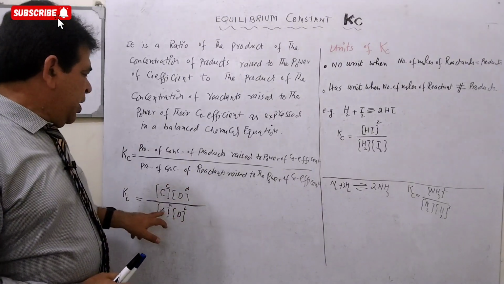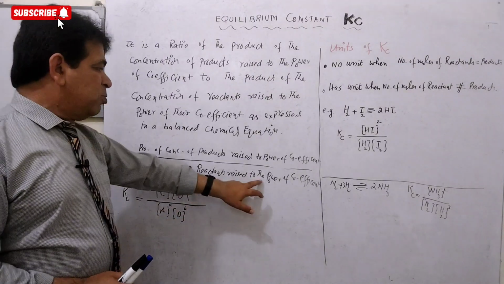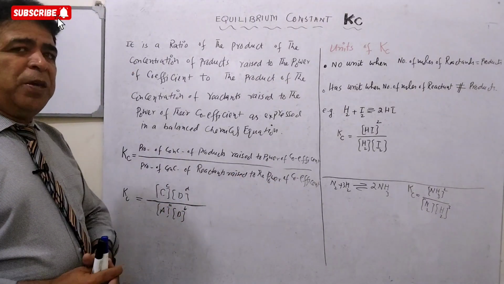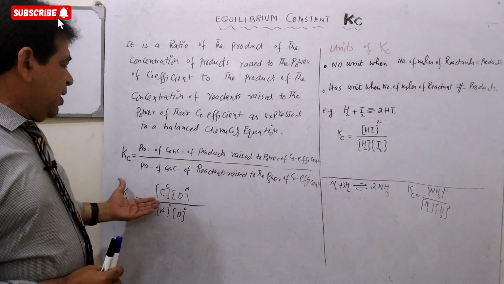Reactants are A and B, and we have taken their product, meaning they are multiplied with each other, raised to the power of their coefficients, and their coefficients, small a and small b, become their powers. So we can define Kc in such a way.